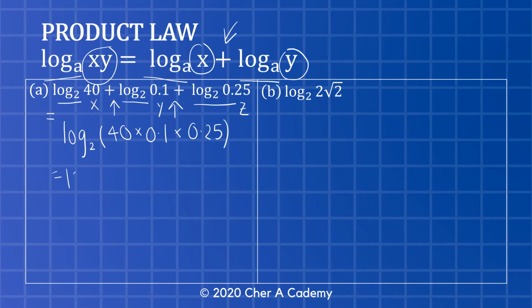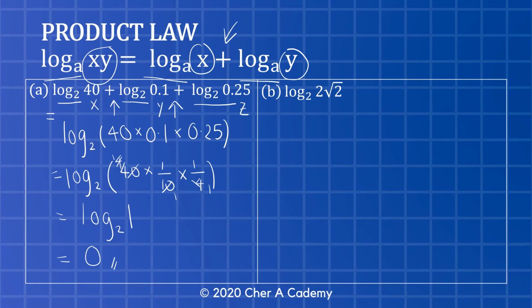From here I can use the calculator to find out the answer, but what I'm going to do is just use a fraction. I'll cross multiply. So actually at the end of the day, I'll be left with 1 whole. And we know that if we log 1, we will get 0.